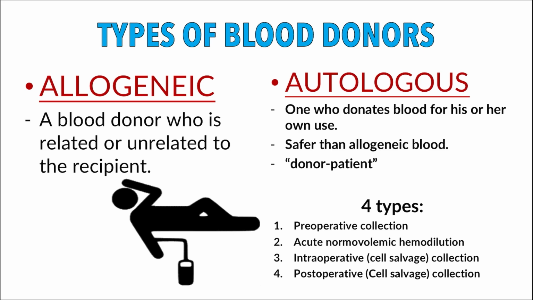For preoperative, this is done before the procedure, for example, before or during pregnancy, or in unforeseen complications. For acute normovolemic hemodilution, there is a removal of whole blood from the patient with infusions of crystalloids or colloids before surgical blood loss.